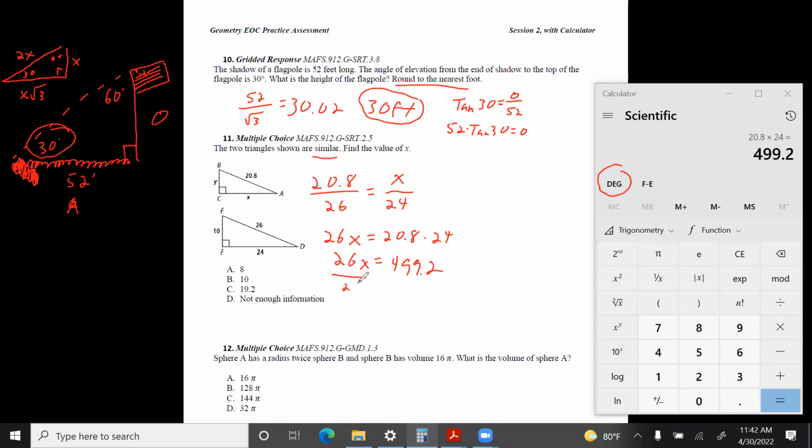Last step, divide by 26. So divide by 26, and that gives us 19.2. And double check, make sure that's what we want to find. We want to find the value of x. That is what we found. So C is our correct answer.